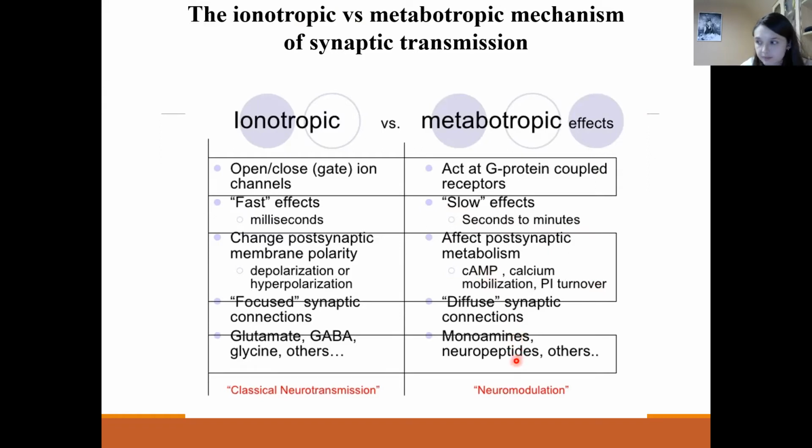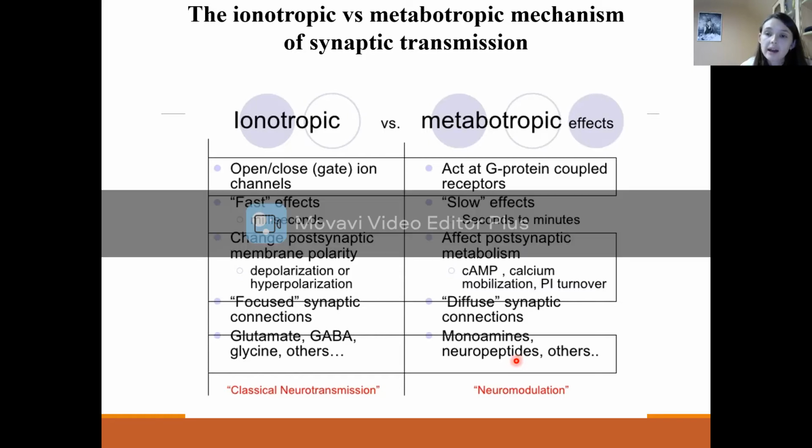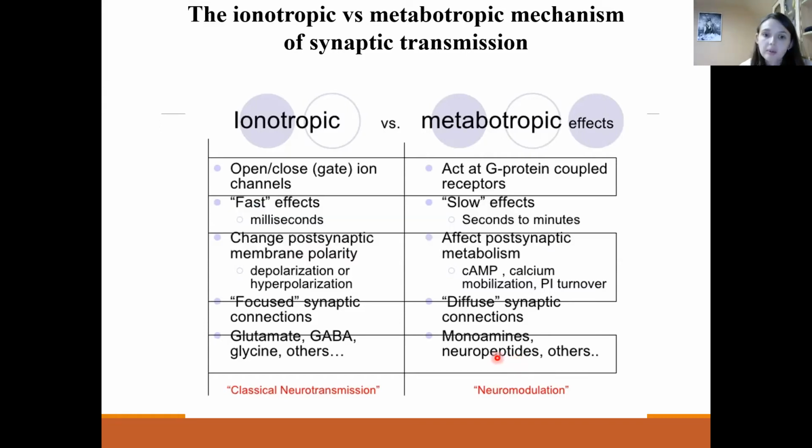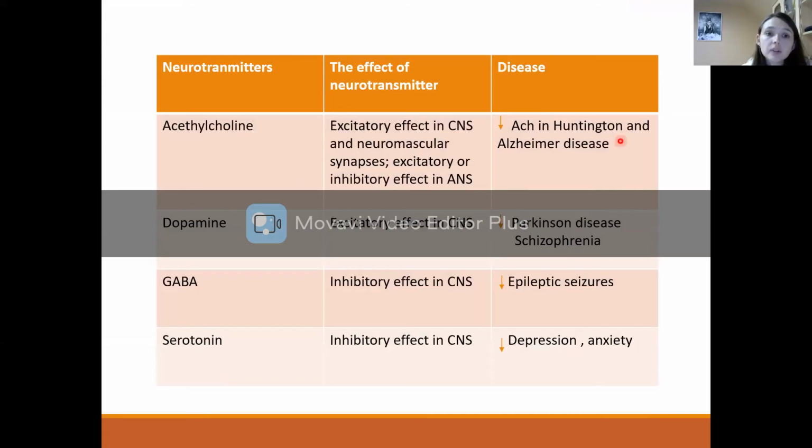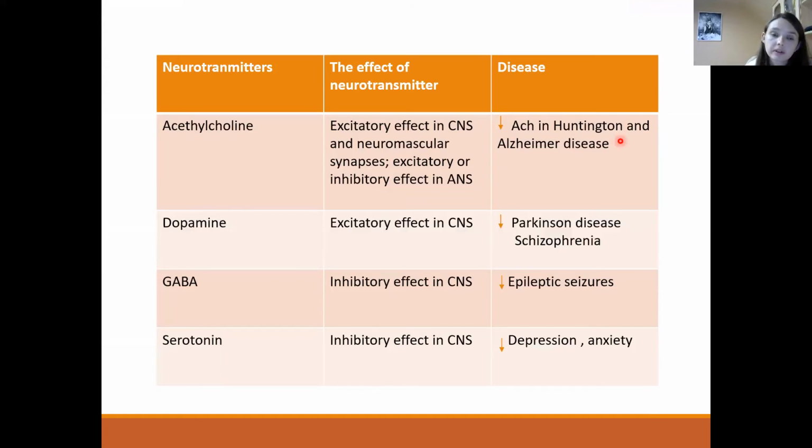Examples of the neuropeptides we discussed are enkephalins and endorphins. Examples of the amines we discussed are noradrenaline, adrenaline, and dopamine and serotonin.